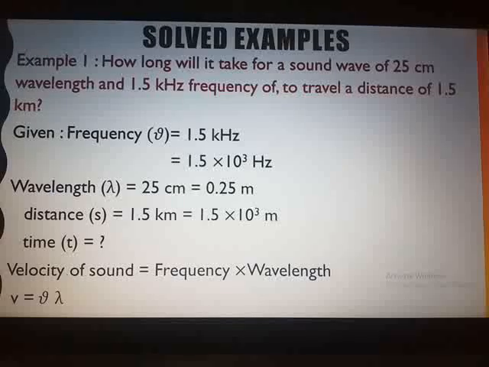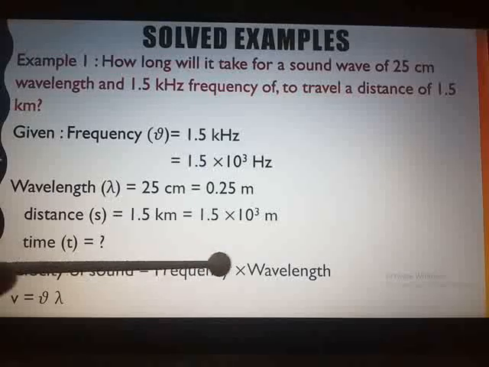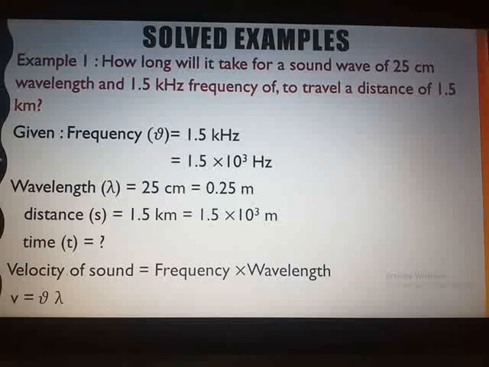Velocity formula you have to use as the solution. So velocity of sound is equal to frequency multiplied by wavelength. V, take care, v should be small, is equal to frequency nu into wavelength lambda. So v is equal to nu into lambda. Up till here we have seen what is given, what is to be found out, and what solution you are using. Now let us go for the substitution.